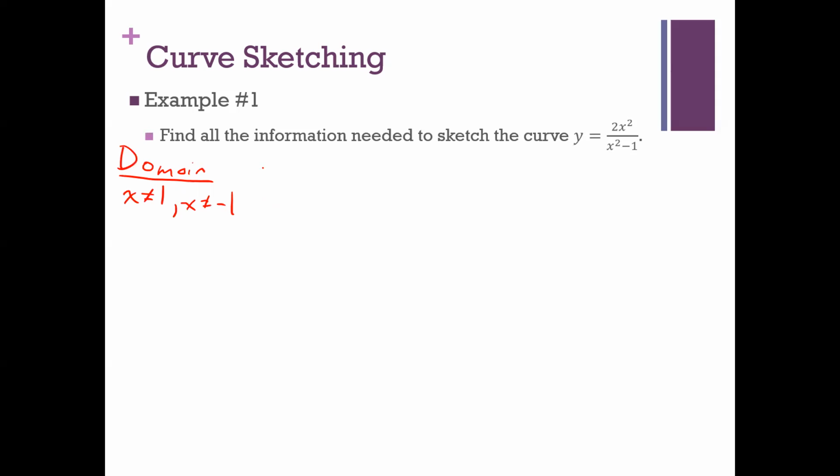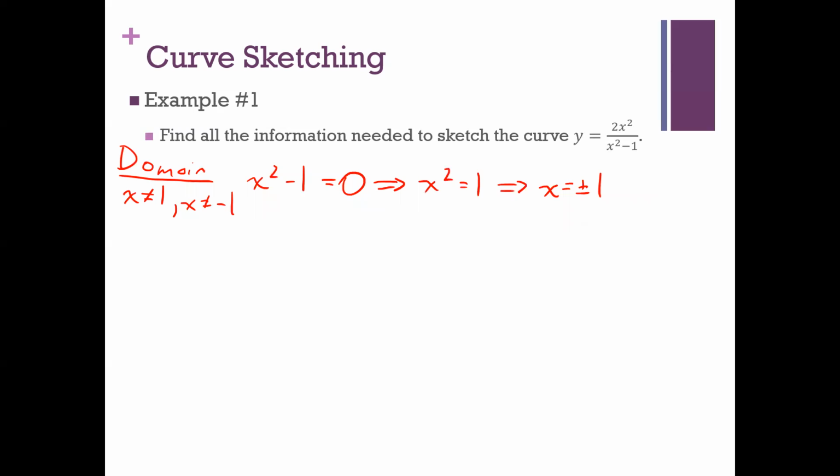I think it's a little bit more obscure that negative 1 is a value. But if you set that denominator equal to 0, you'll get x equals plus or minus 1. Those are values to stay away from. So clearly the domain cannot equal those two numbers.